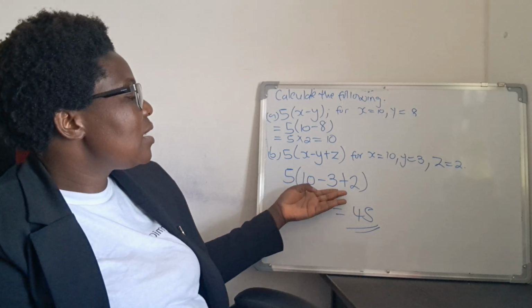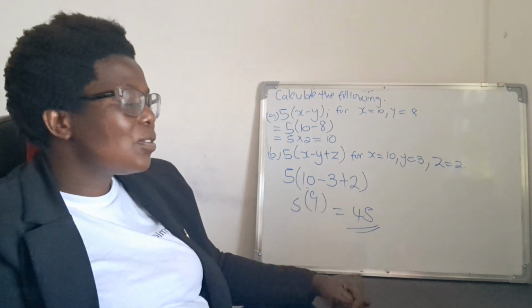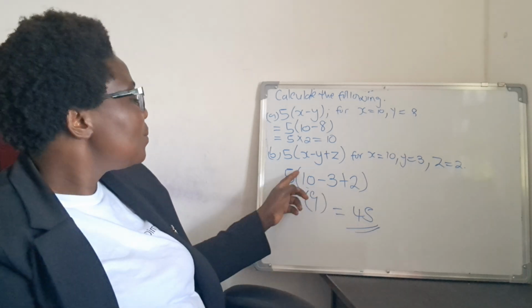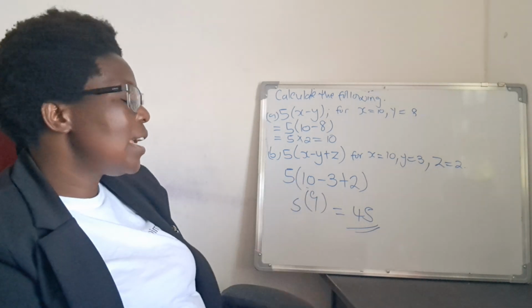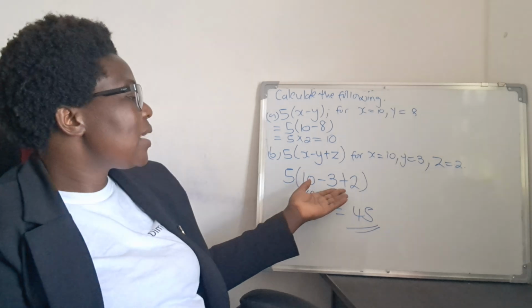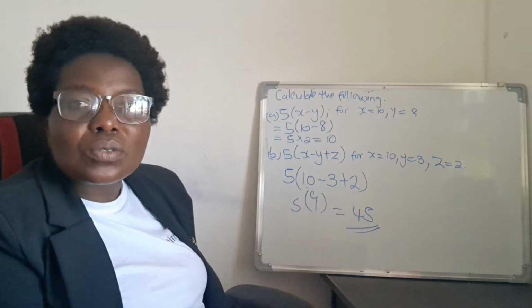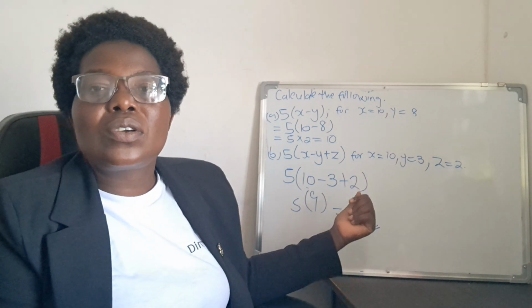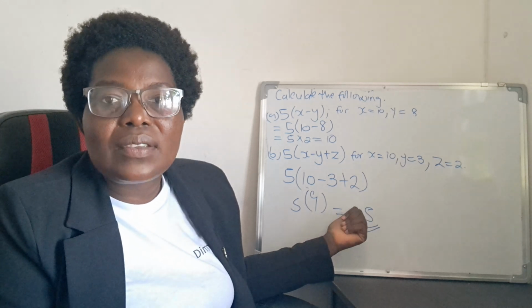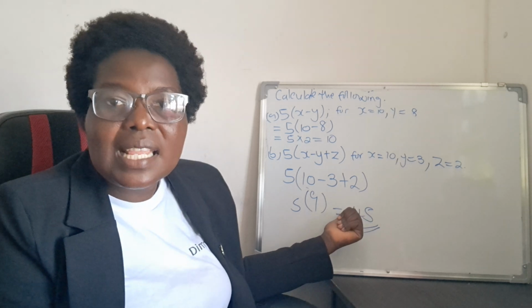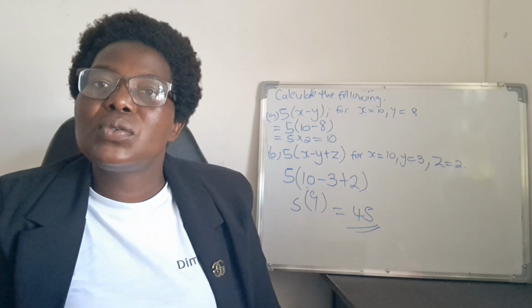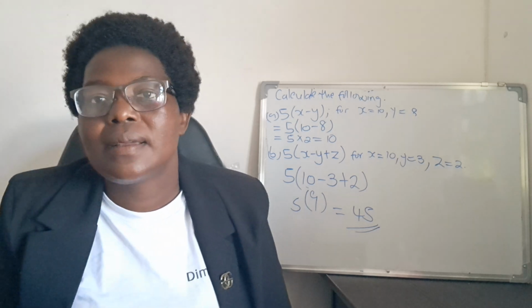So in this one, you can either say minus 3 plus 2, that's minus 1 from 10, that gives you 9, or 10 minus 3, that's 7, plus 2, that's 9. It would only be a complicated situation if we had a multiplication in there. That's where we could have used our BODMAS.